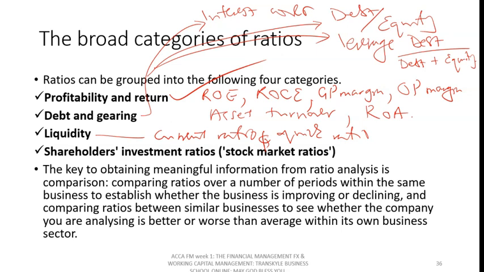There are also other ratios called efficiency ratios. As part of this liquidity, we'll be looking at efficiency ratios, for example, the inventory turnover. We'll be looking at receivables turnover.